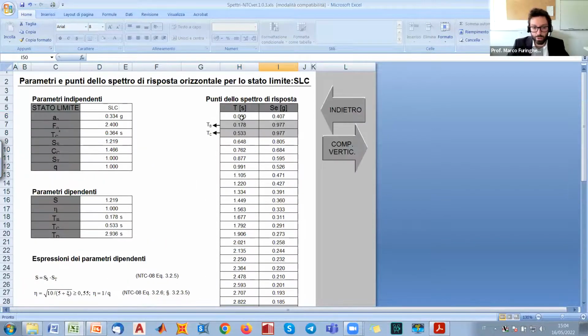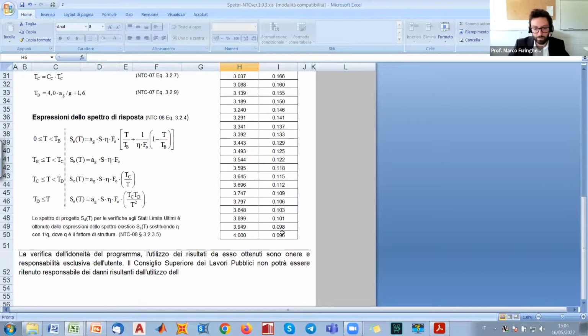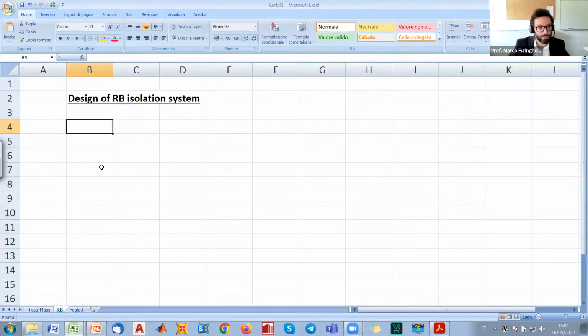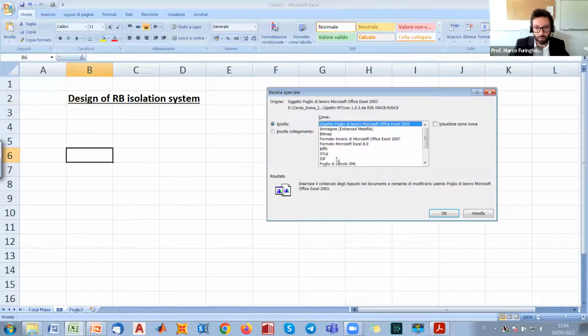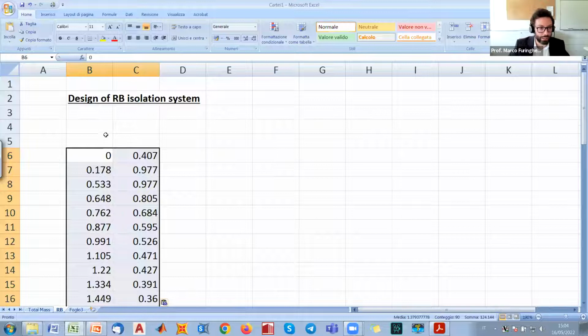So we just have to select this response spectrum, copy and paste it within our Excel spreadsheet.